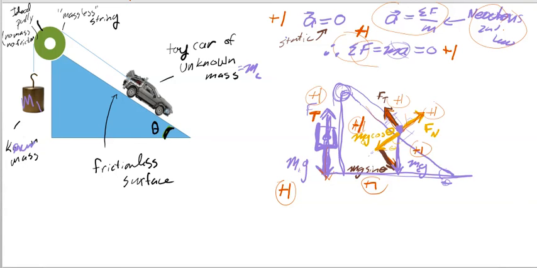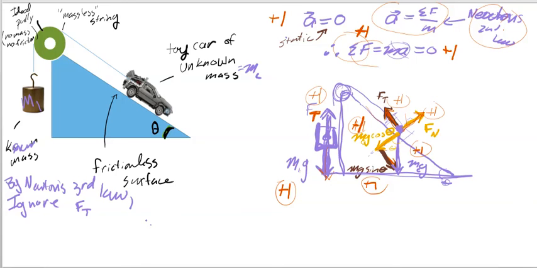Now, you can eliminate the force of tension, but this is what you would have to have written, and I don't think anyone had this. Actually, you can put ignore force of tension, and right above that, you can put by Newton's third law, ignore force of tension, or force of tension can be ignored.